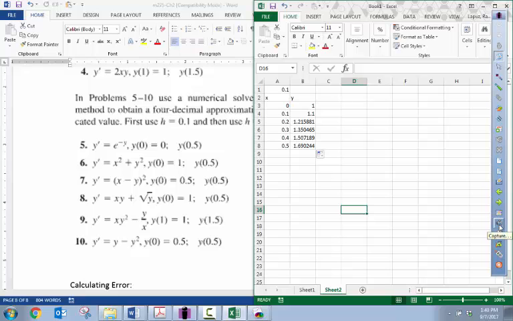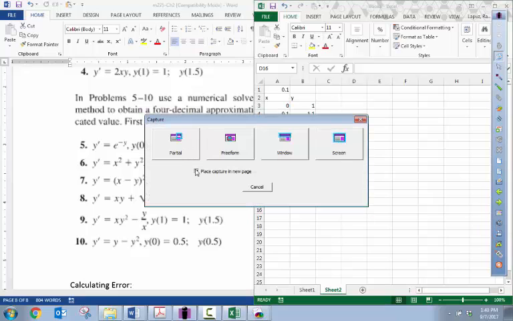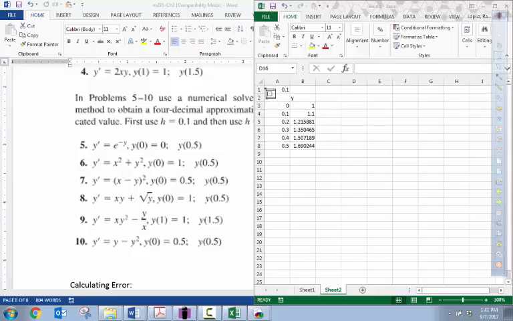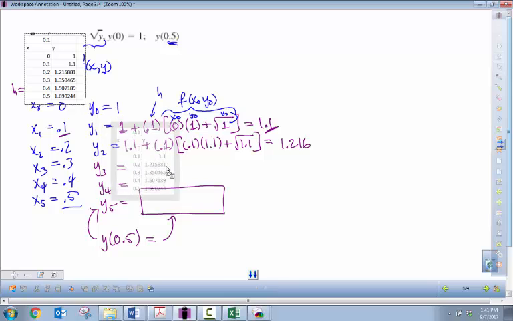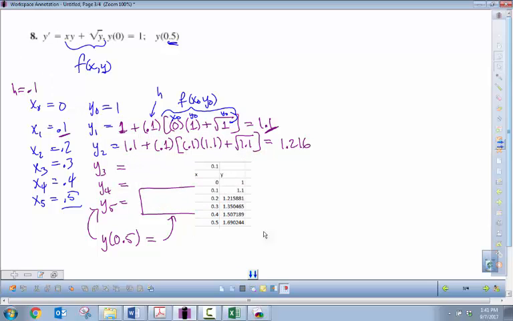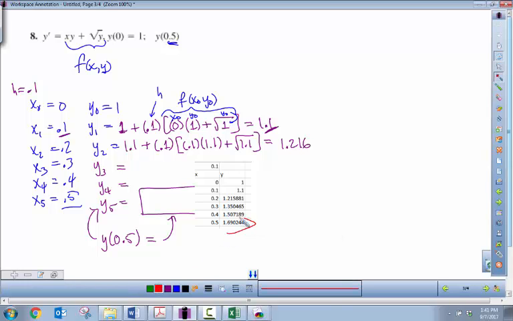I guess that's to say that don't do it by hand. So when x is equal to 0.5, our approximation is 1.6902. Okay?